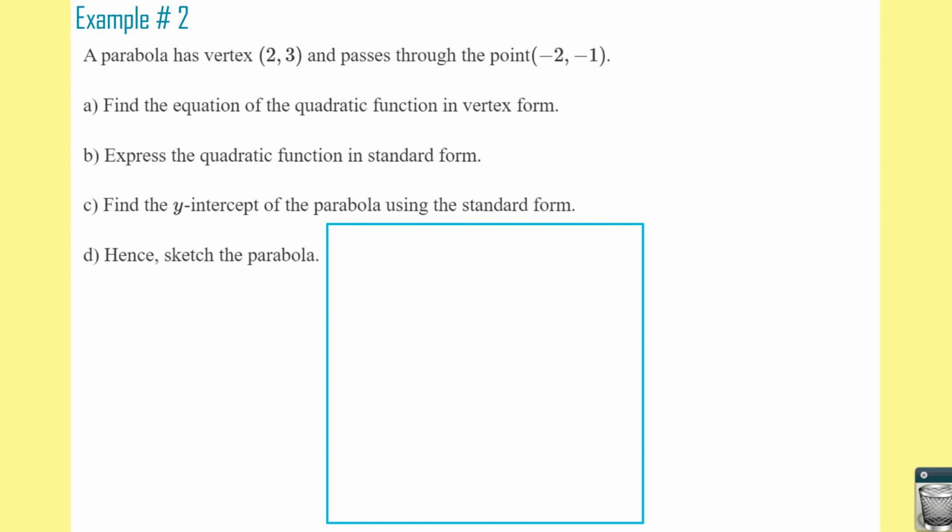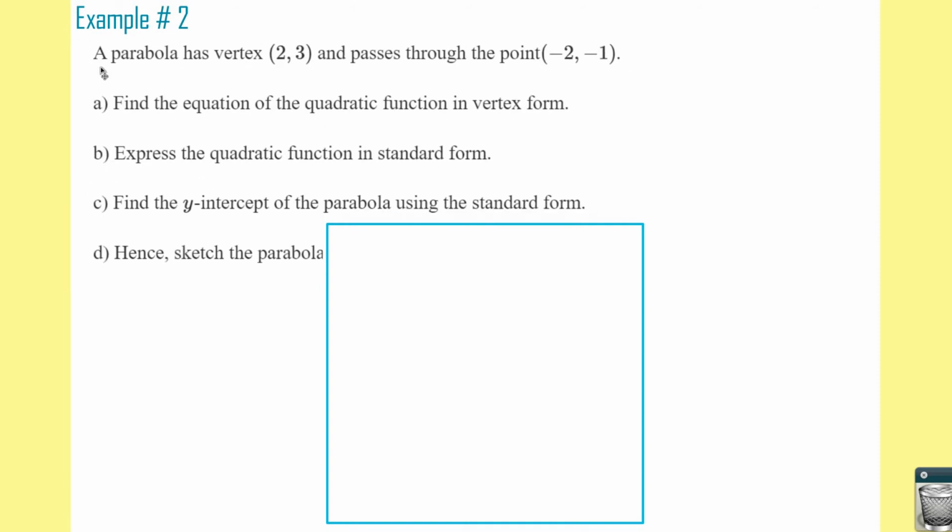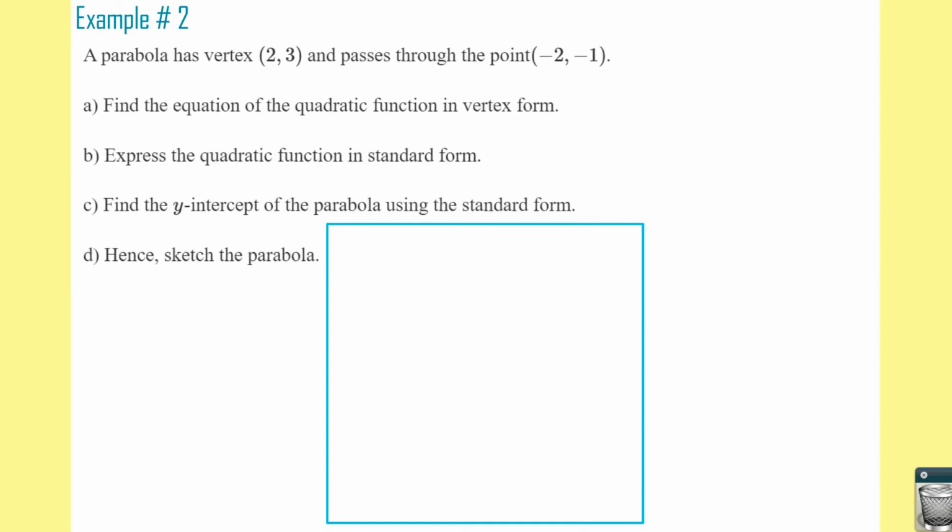Okay, so let's go on to the next one. We have the vertex, and it passes through the point -2, -1. So find it in vertex form. Well, that's not so bad. Let's start. We know vertex form is this.